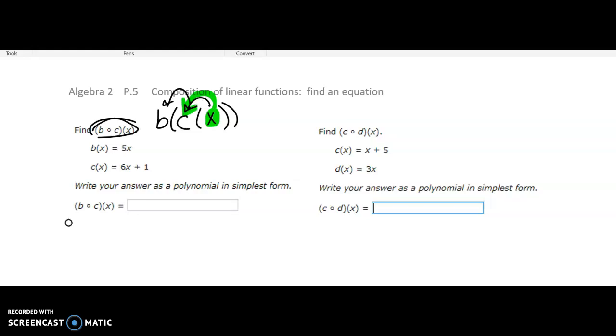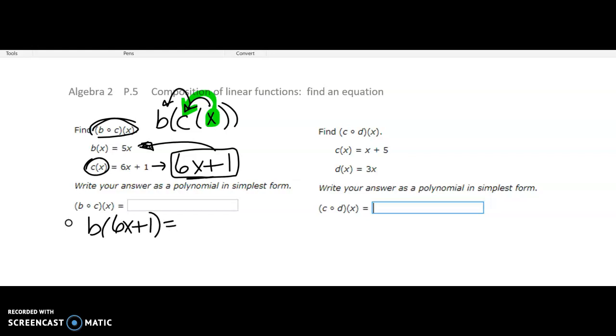So we're going to put X into C. Well, X is already in C, so C of X is 6X plus 1. So we're going to put this answer into every X of B. So now I'm looking for B of 6X plus 1, and since it's 5X, this is going to go here.